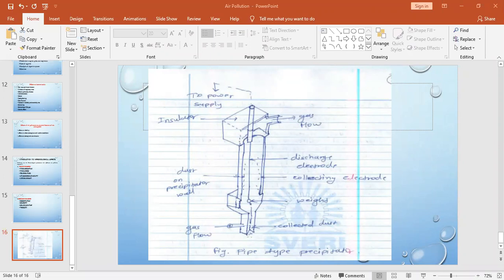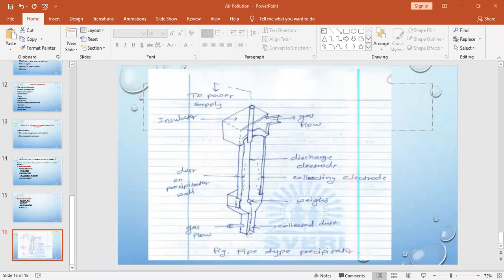So the first one is the source of high voltage. Here in this figure, the source of high voltage, the power supply, is provided over here. It is used for providing the potential difference between two electrodes: one is the discharge electrode and the other is the collecting electrode.